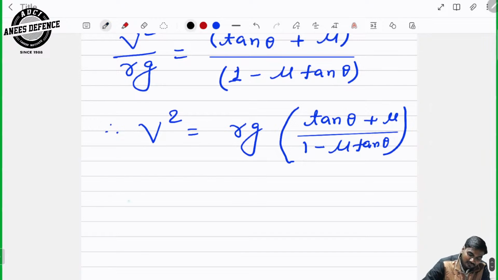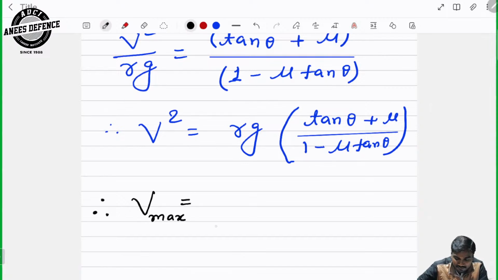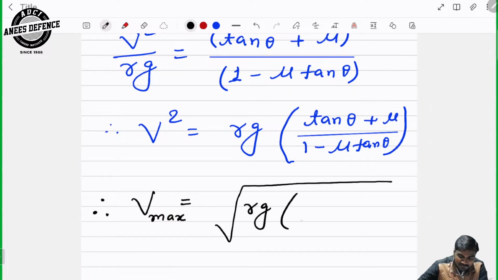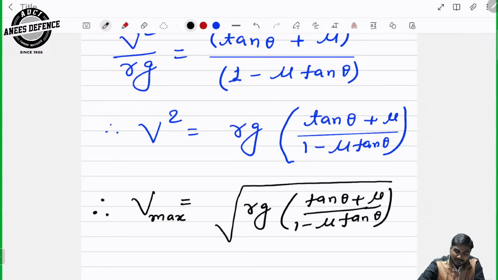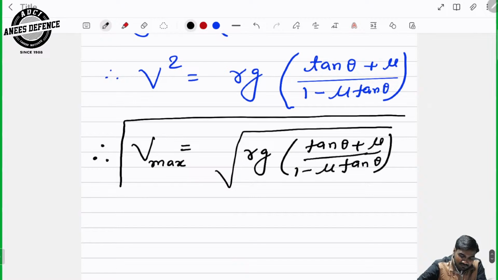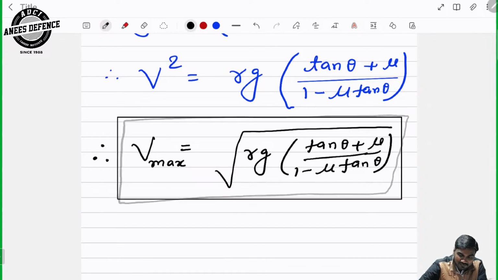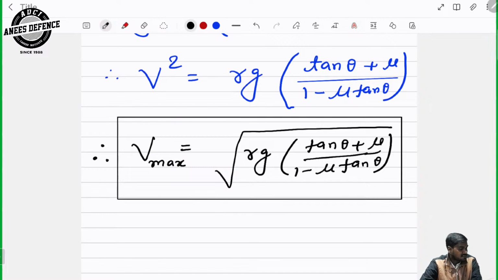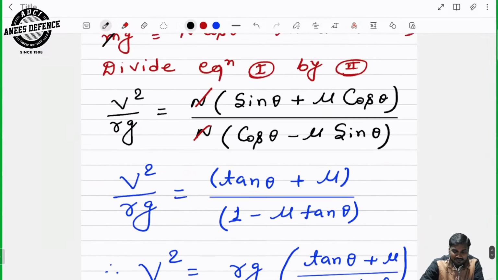Hence v max is equal to root of rg into tan theta plus mu upon 1 minus mu tan theta. Yes or no? So this is your maximum speed limit, or maximum safe speed during turning on banking of road.